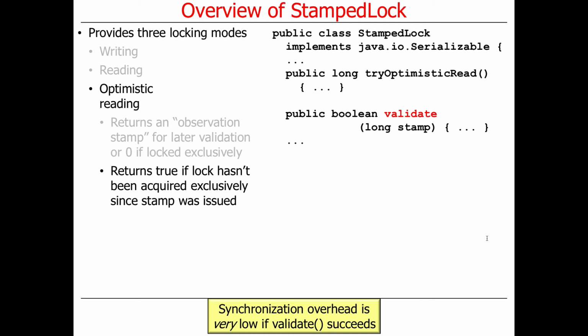So if validate returns true, then we paid almost no cost whatsoever for doing an optimistic read. So in situations where the access patterns to the state you're trying to protect with a stamped lock are such that you very rarely have read-write contention, optimistic locks are ridiculously efficient. Now, as you'll see, if you do have contention, and you always have to be prepared for contention, then it gets more complicated.